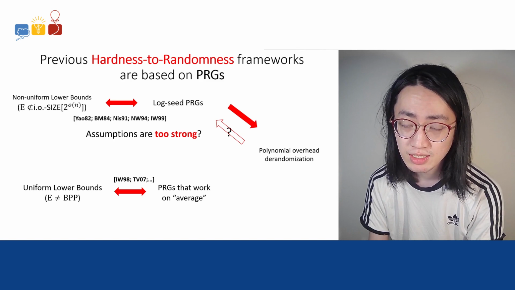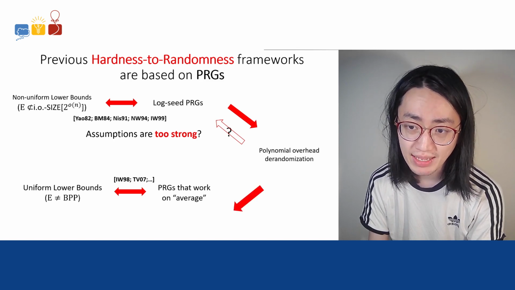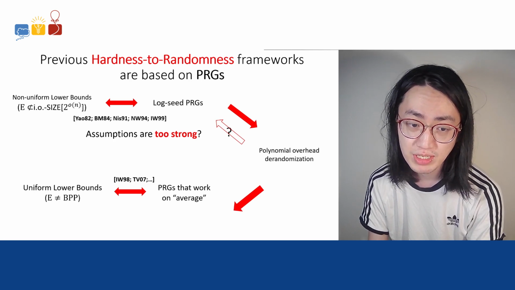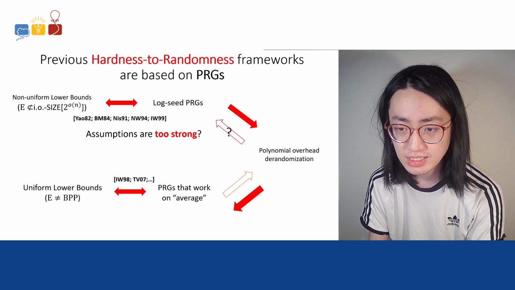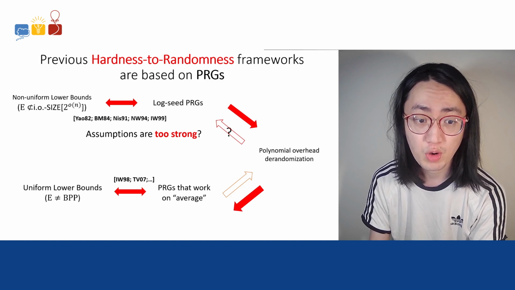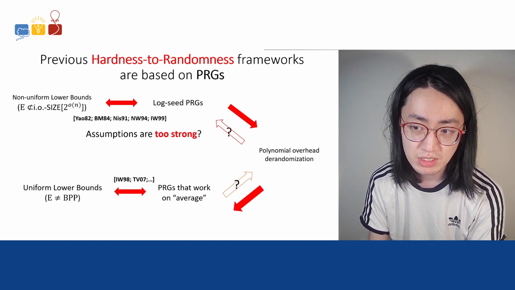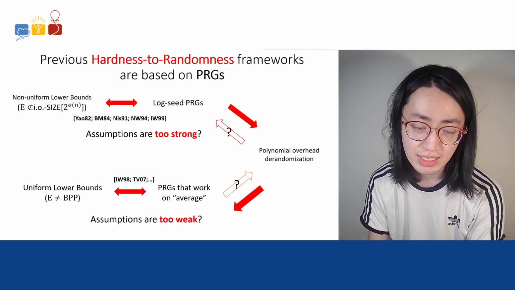Such a PRG is implied by polynomial time overhead derandomization, but does not seem to imply worst-case derandomization because the PRG only works on most of the inputs. So here the assumption seems too weak because it does not imply what we want.